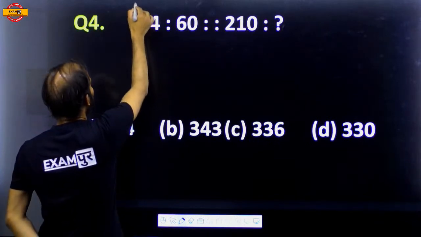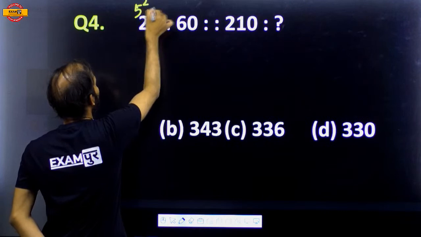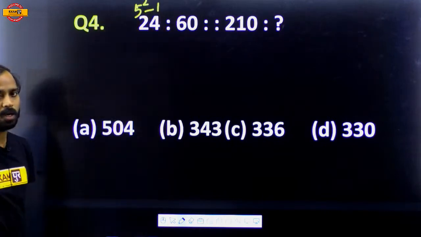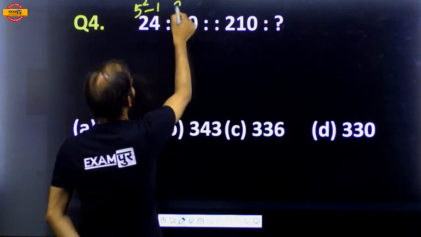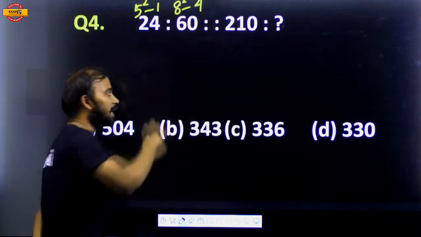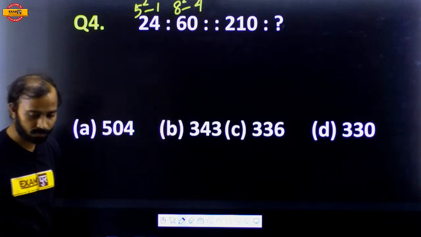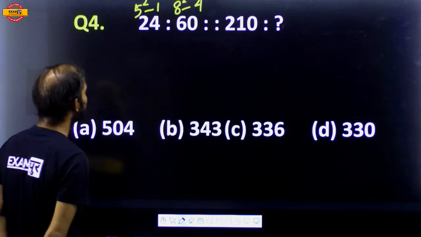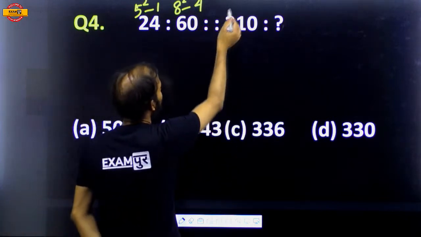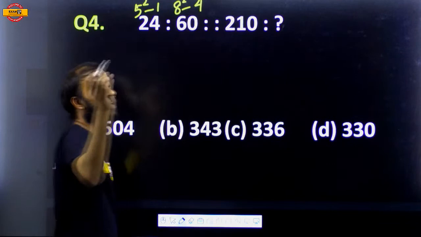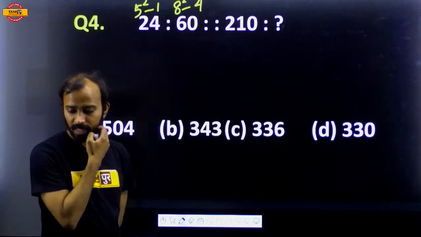Can we represent 24 in the form of 5 square minus 1 or not? Yeah, obviously. And it's 8 square minus 4. Exactly, 8 square minus 4. And 210 is what? So please find out. According to you, what will be the answer?